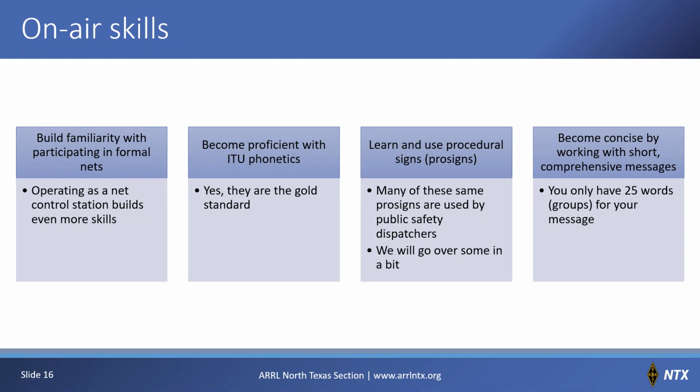If you really want to hear pro words in use in a fast-paced environment, listen to air traffic control. They are going 100 miles an hour, but they've really got it down, and you have to. There's just so much traffic in the air that you've got to be quick and to the point, which gets us to the last item here.